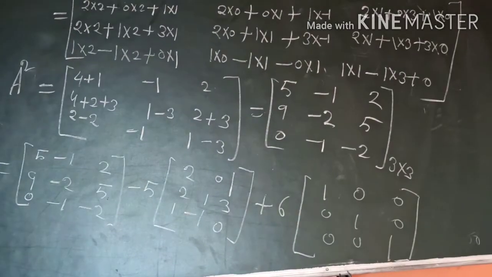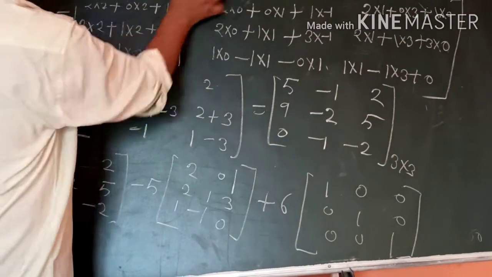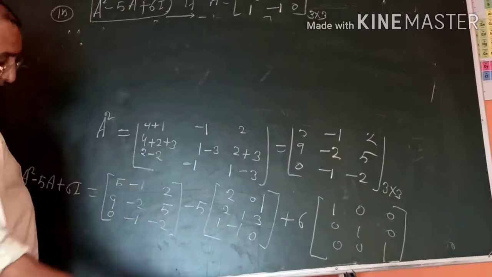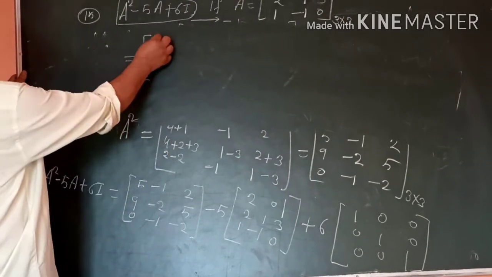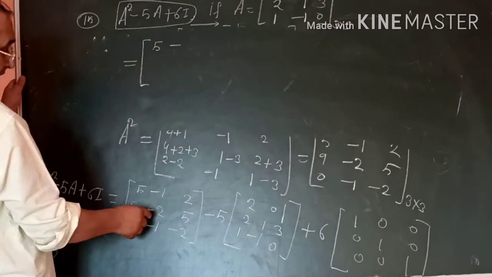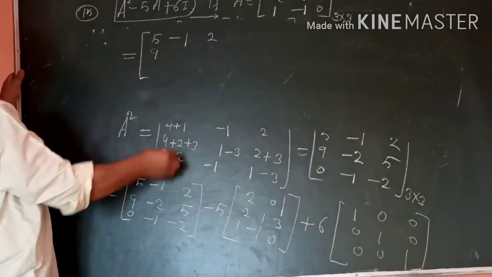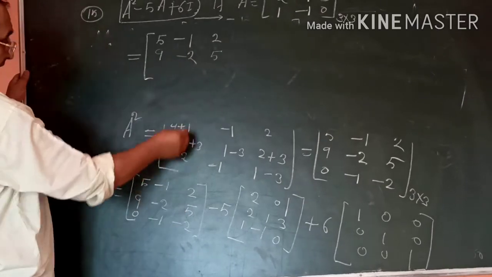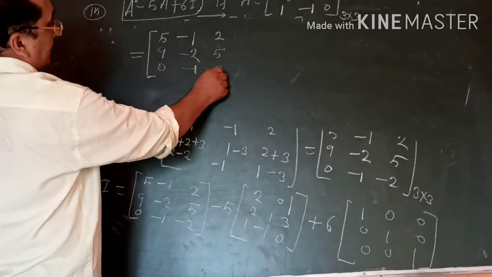Solving these, I'm rubbing these things out now because I need some space over here. See, A squared is [5 -1 2; 9 -2 5; 0 -1 -2].